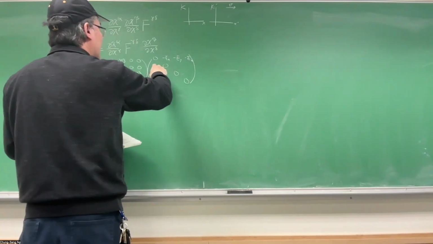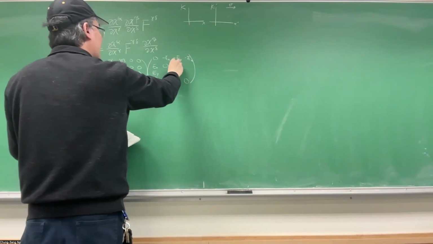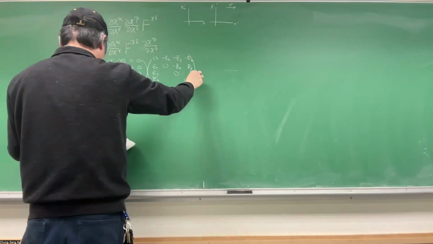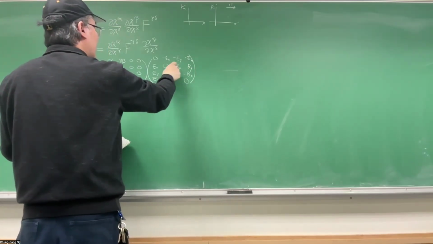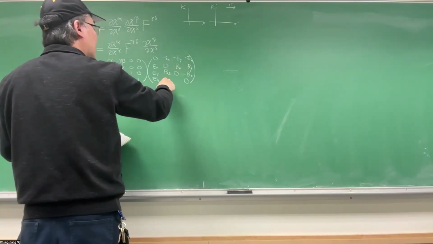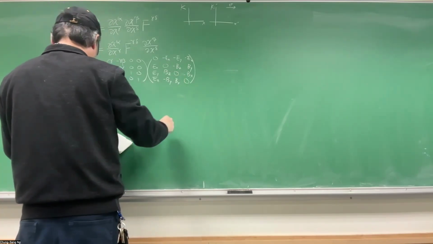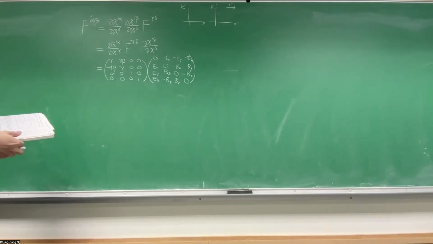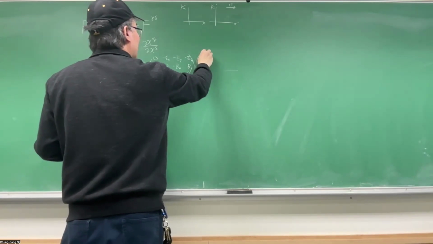It's a little bit difficult to memorize, but if you look that up, this should be minus B sub z, this is B sub y, this is minus B sub x. And likewise, this is the opposite, the negative of this. This is the negative of this. This is the negative of that one. Okay, so that's the field tensor. And then you need to multiply it by the Lorentz transformation.